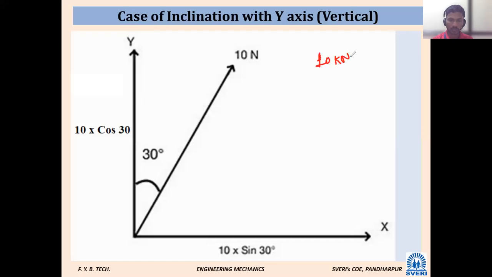Suppose we give the name P is equal to 10 kilonewton, not kilo, it is Newton. It is Newton only. Okay, 10 Newton, and the components of the force 10 Newton.